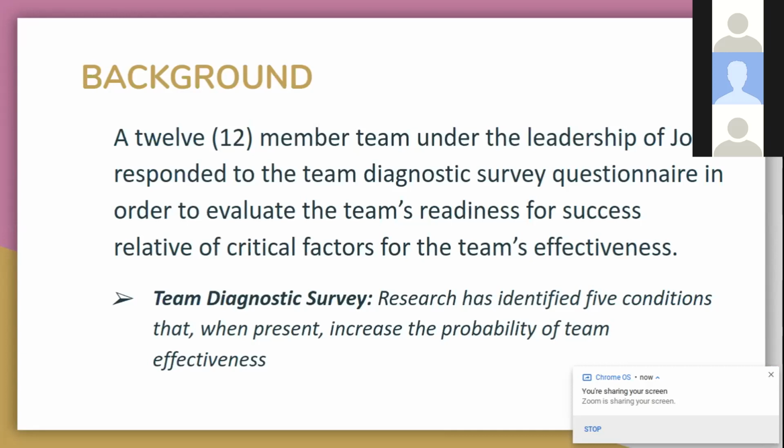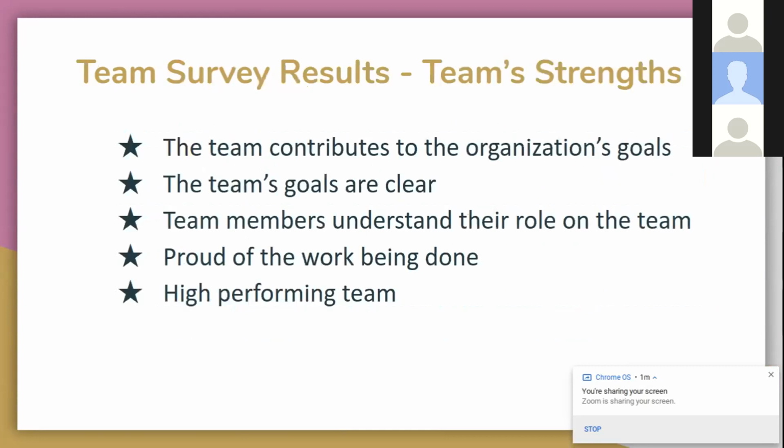So we have this 12-member team under the leadership of John, and they responded to this team diagnostic survey questionnaire, more likely in order to evaluate the team's readiness for success relative to critical factors for the team's effectiveness. So right off, we found that there were some strengths listed.